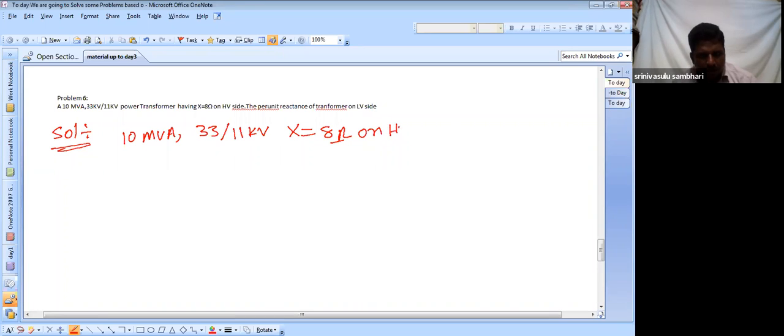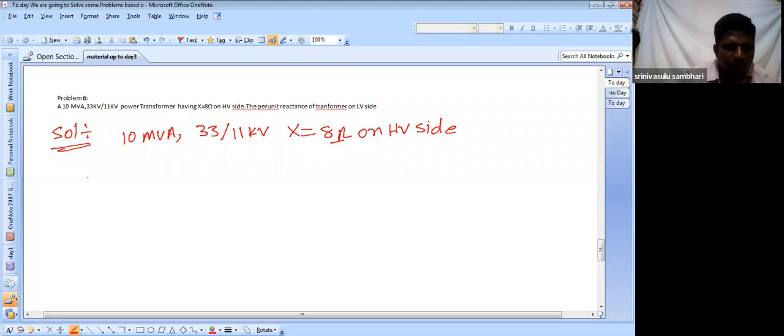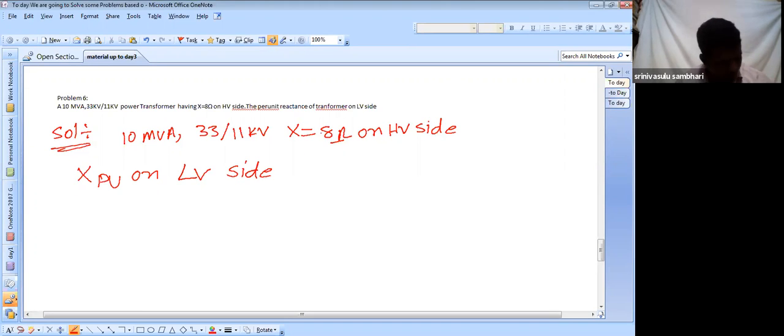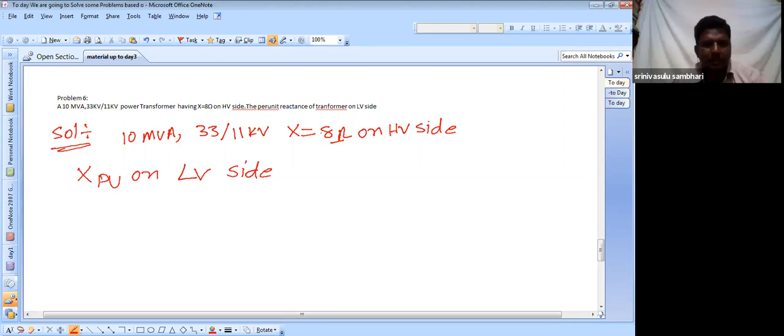High voltage side. Is it clear? This is the given data. Now what is being asked? What is X per unit on LV side? Here X equal to 8 ohm means equivalent reactance on HV side.